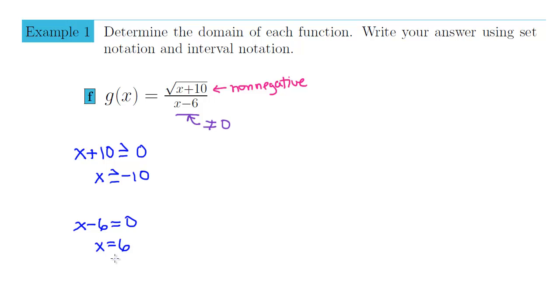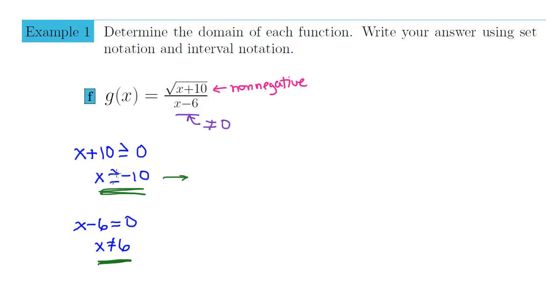And we want to exclude this from our domain. So that tells me that our domain consists of two parts. x has to be greater than or equal to negative 10, and also at the same time, x cannot be 6. We use these two statements together to define the domain of our function g of x.